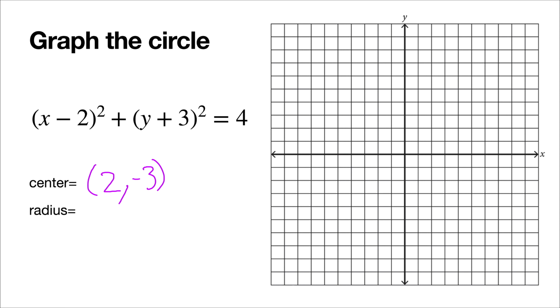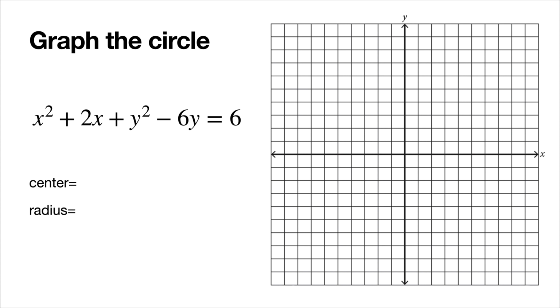And our radius is going to be the square root of 4, so our radius is 2. So I go to (2, -3) with a radius of 2. And let's graph it. There we are.